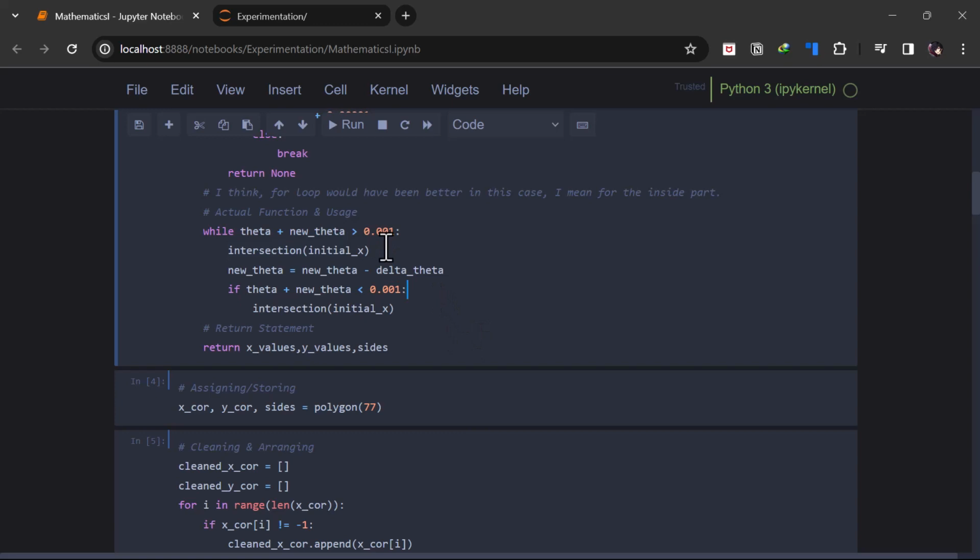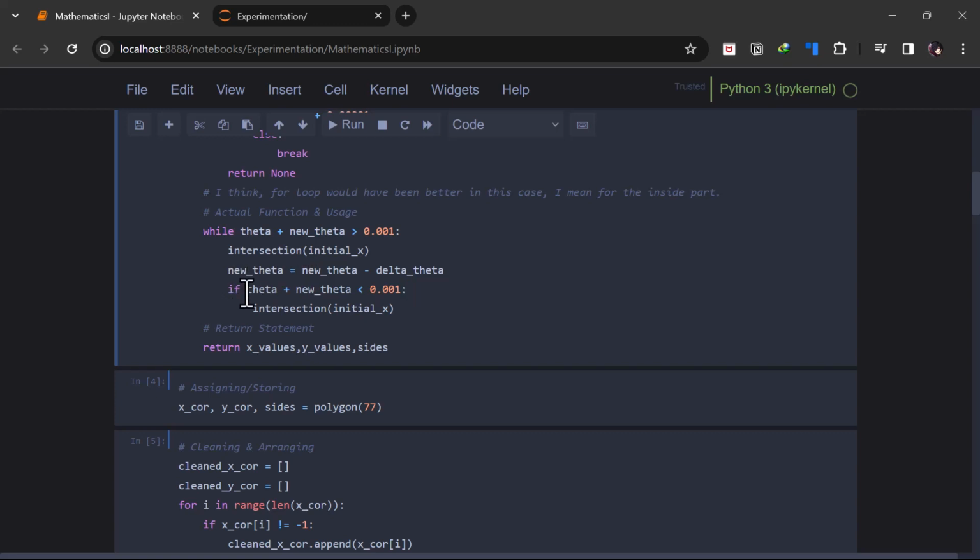So after calculation of intersection points, we are saying that new theta equals new theta minus delta theta. That means here we are making the rotation. Here is the rotation part. Now if you look closely, if the new theta and theta come very close to each other, then the intersection point corresponding to the last side won't be calculated.